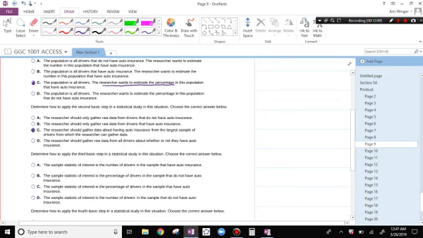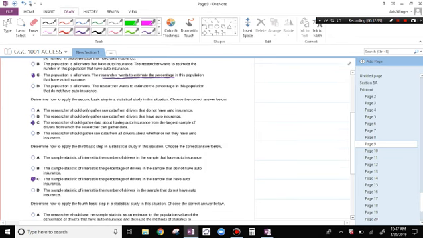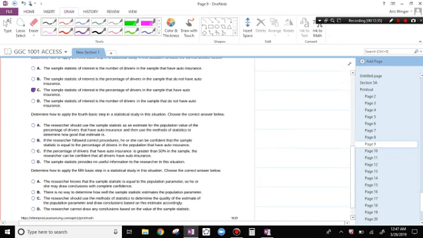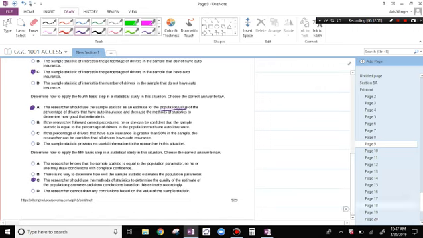Then you want to find your sample statistic. Of interest is the percentage of drivers in the sample who have auto insurance. Then use the sample statistic to say something about the actual population. And then we should use some methods to determine the quality of the estimate to the actual population.